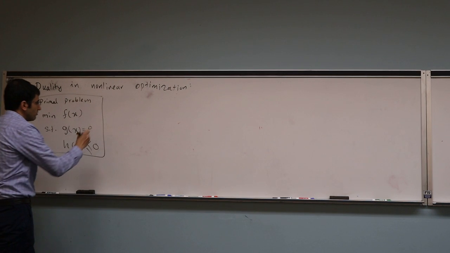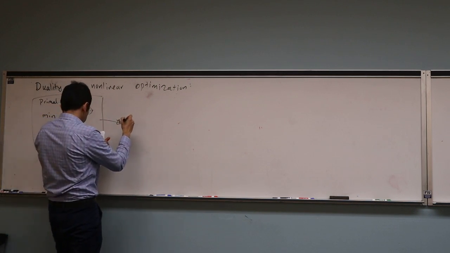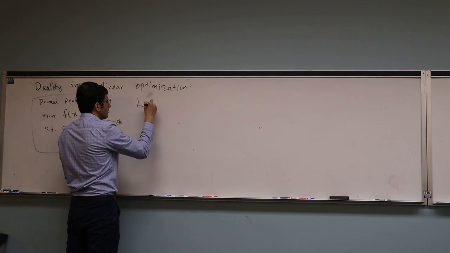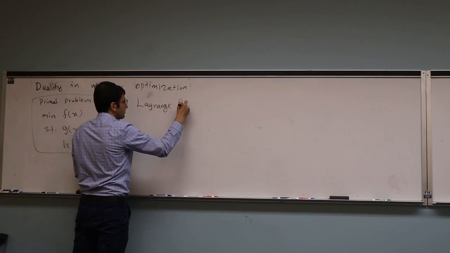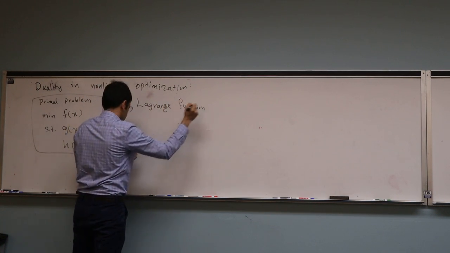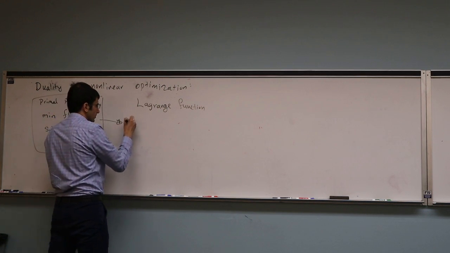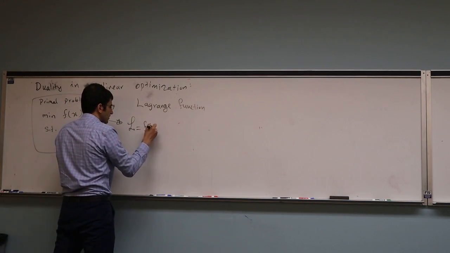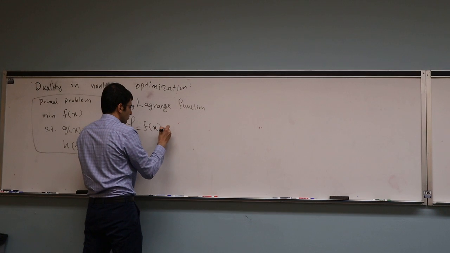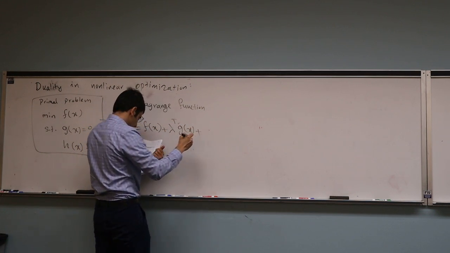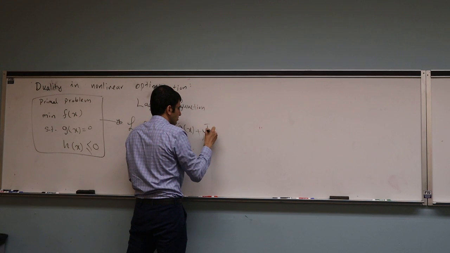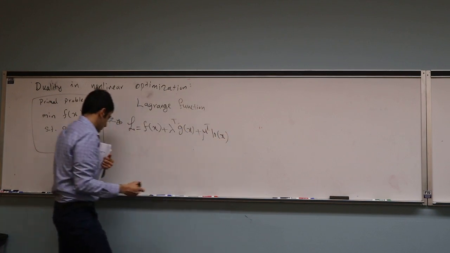Based on the primal problem, you have to find the Lagrange function. L is f of x plus lambda transpose equality constraints plus mu transpose inequality constraints.